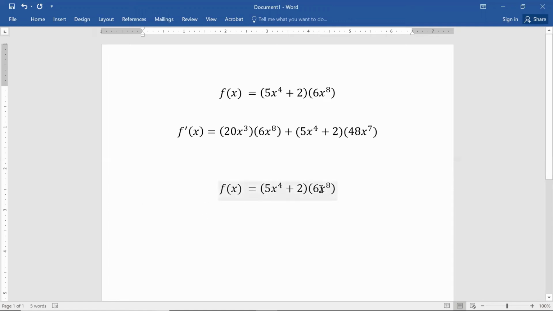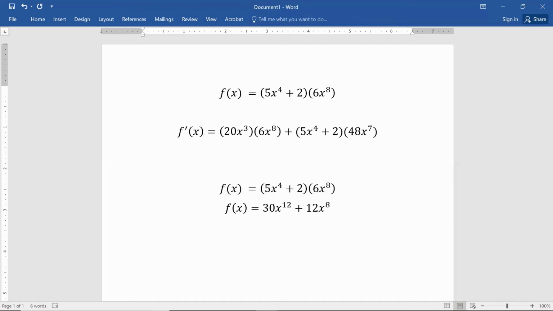If I do that, I just need to distribute 6x to the 8th into the polynomial on the left. If I do that, I will get 6 times 5 is 30. x to the 4th times x to the 8th is x to the 12th. Plus 2 times 6x to the 8th is 12x to the 8th.